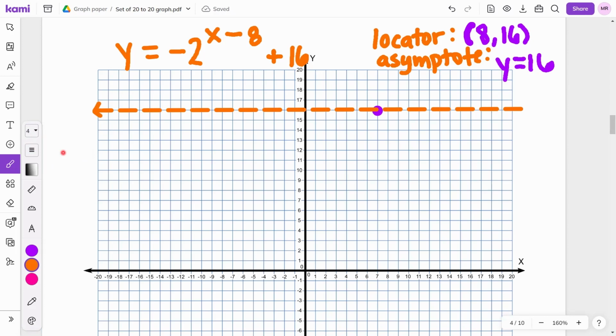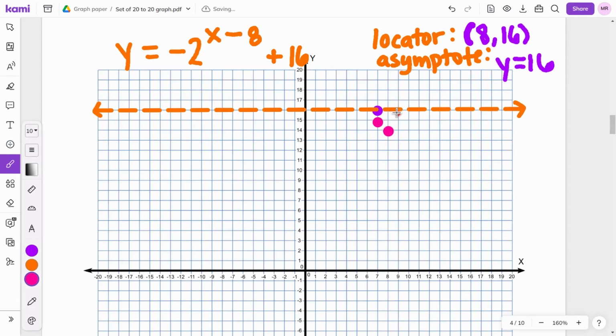And then because it's negative, when I go to this locator point here, I am not going to be starting one above, I'm going to be starting one below. And then because this is a 2, if this is 1 away from the asymptote, as I go over 1, I'm going to double that, 2 away.